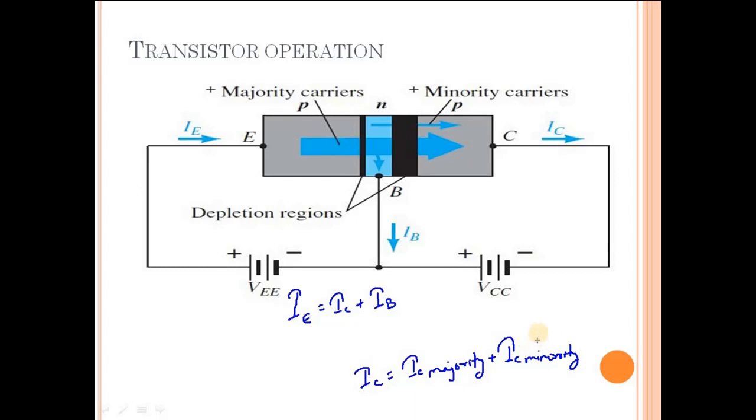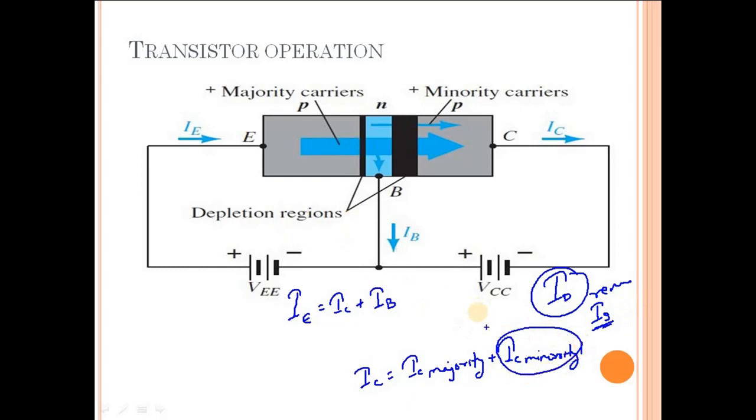While studying the diode, we also studied that the reverse current which exists in the reverse bias condition is quite sensitive to temperature. We already have some statistics on how the reverse saturation current varies as a function of temperature, and so this IC minority is also very sensitive.